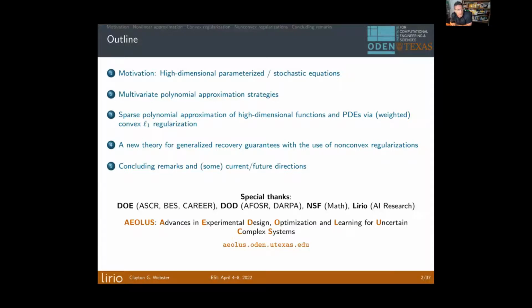So I'll give a quick motivation and then talk a little bit about polynomial strategies in general, and then about sparse polynomial approximation. What I'm going to focus on today is the work we've done on weighted convex L1 regularization. And if I have time at the end, which I probably won't, I'll talk about a theory we've developed for non-convex regularizations in the same context.